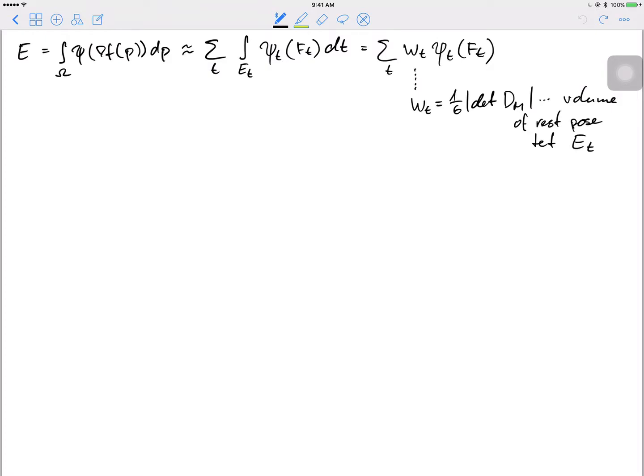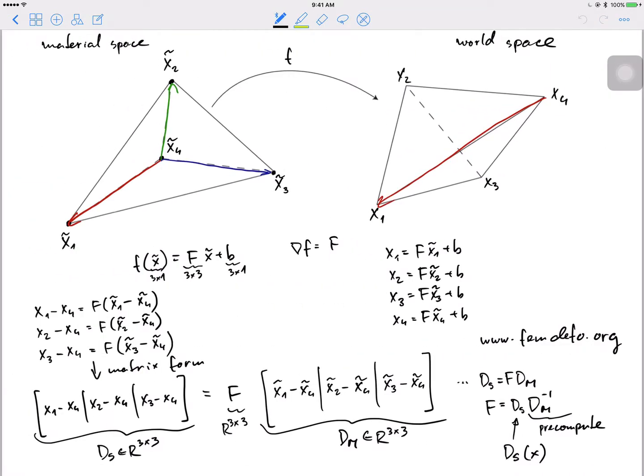All right, so I can give you one more thing to think about for next time. There is one funny thing about the deformation gradient. If I assume that the rest pose is constant, let's assume this thing is not changing, but this thing is changing. Okay, so this Dm is really constant during the course of the entire simulation, but this Ds depends on x, and the x is changing.